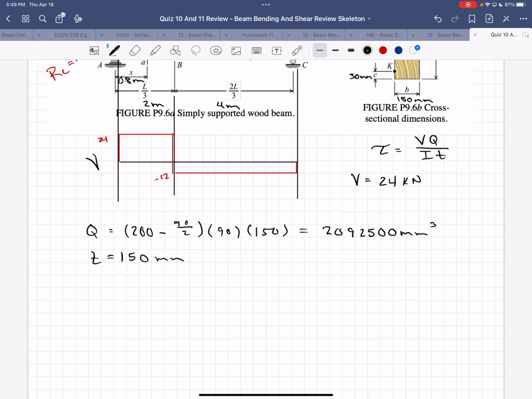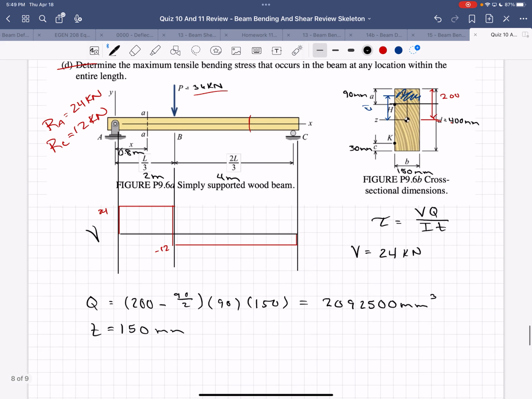Okay, we got V, we got T, we need I. BH cubed over 12. Base, 150. H is 400 cubed divided by 12. And that equals 800 times 10 to the 6 millimeters to the 4th. We just plug that in.